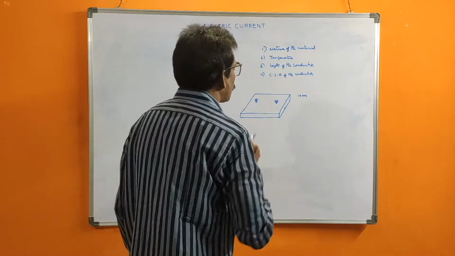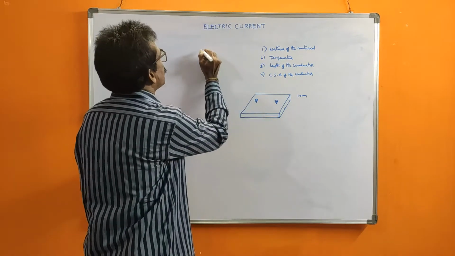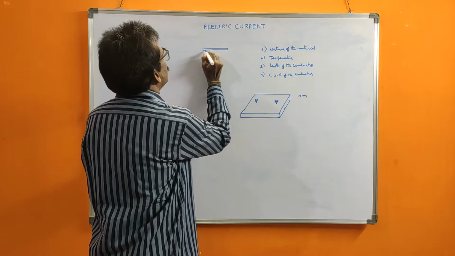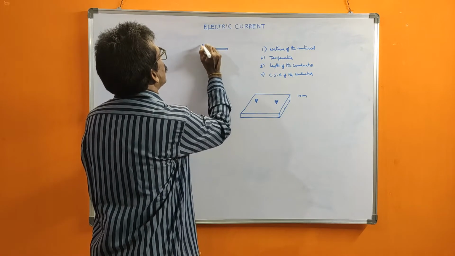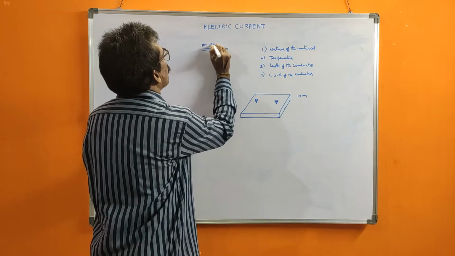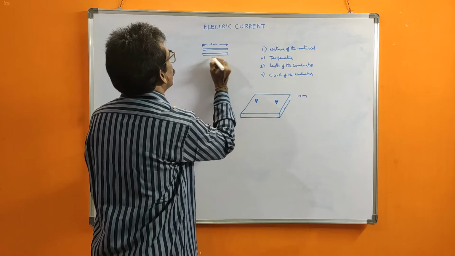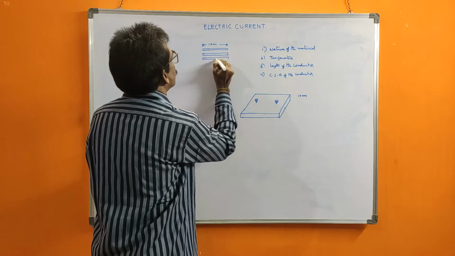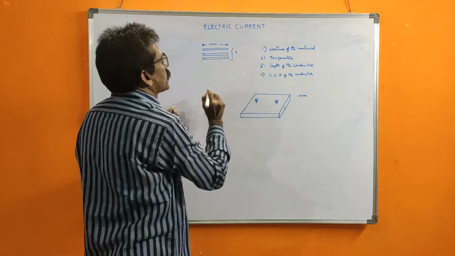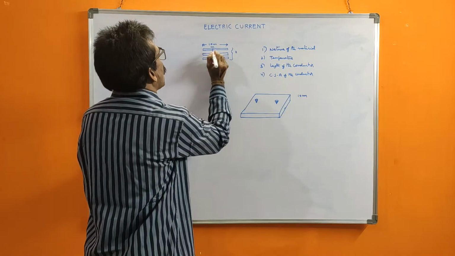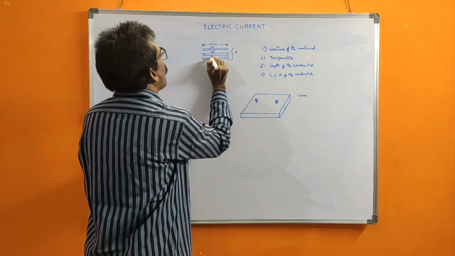First you set up like this, then you should take some wires, that is, conductors. Take 10 centimeters of copper wire, aluminum wire, and iron wire, all with the same cross-sectional area.